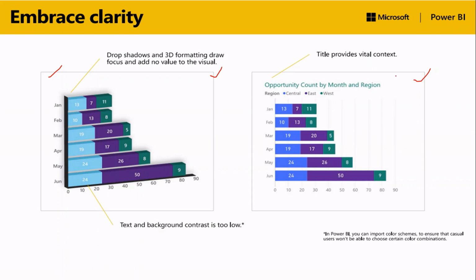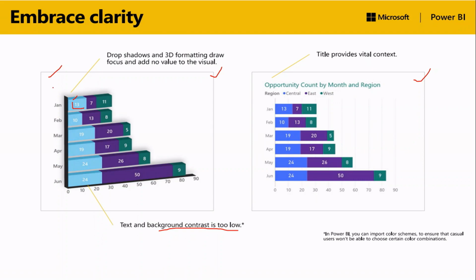Let me explain why. First, look at the background color and the font color. It might be readable to you, but not to the rest of the audience. Maybe people with color blindness won't be able to read it properly because the contrast is too low. They have already pointed this out in this document.